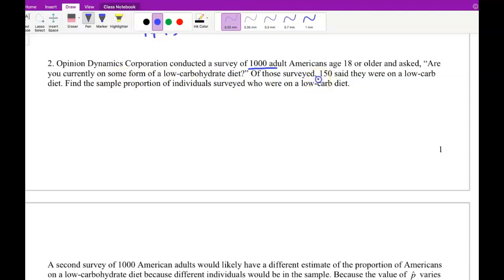And 150 said they were on a diet. So this is x, and n is 1,000. We need to find the sample proportion.